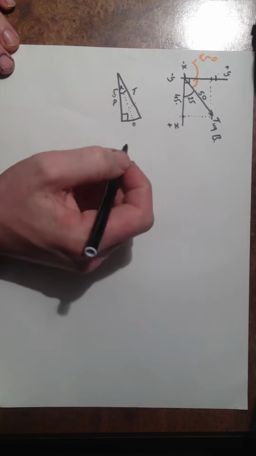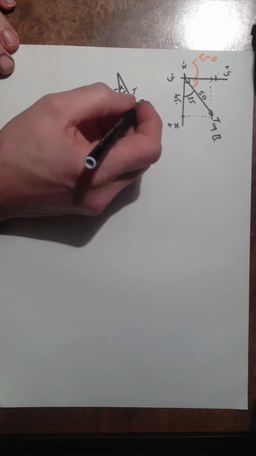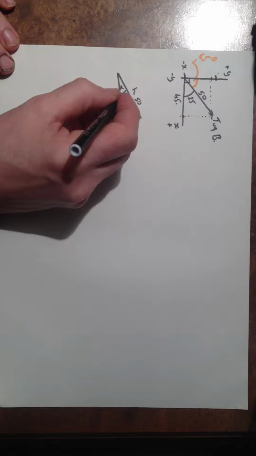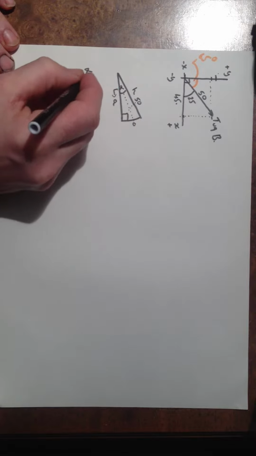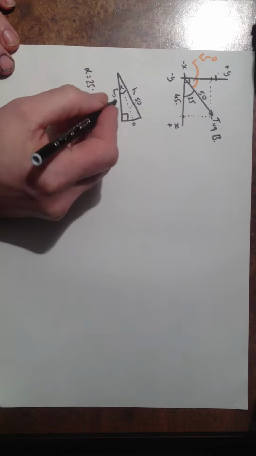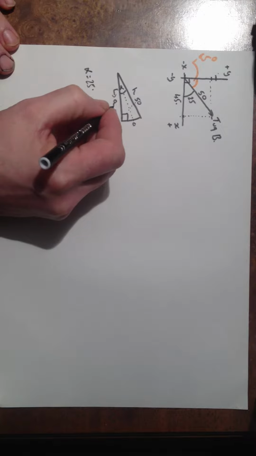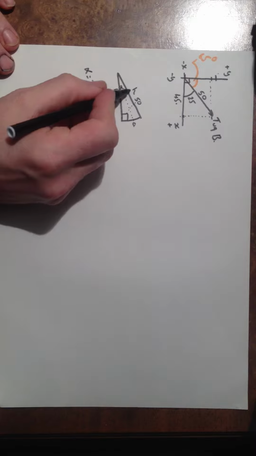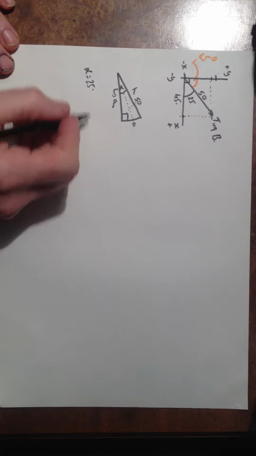With our three sides labelled, we can put in what numbers we know. We know that's 50, we know that angle's alpha, which is 25. We want to know the opposite, but we'll stick with the hypotenuse because it's a nice round figure.